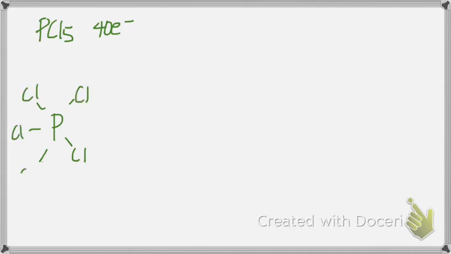That one's pretty straightforward. So we're going to do our PCl5. We're going to have 7 times 5 electrons for chlorine, plus phosphorus has 5, so we're going to need 40 electrons. So then we're going to just simply draw our phosphorus and put all of those on there, and then give everybody their lone pairs, and we will have 40 when we do that.